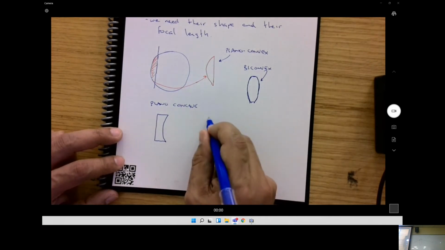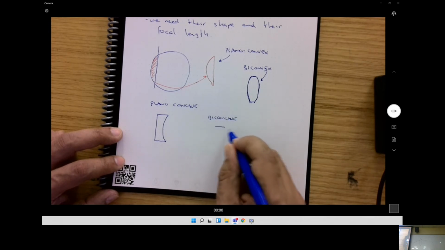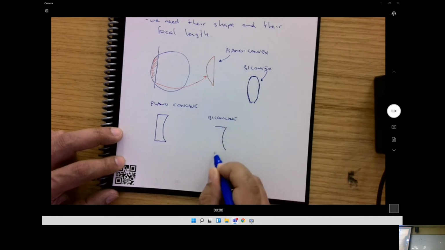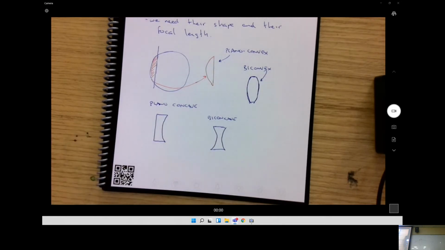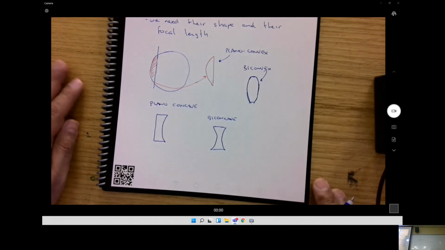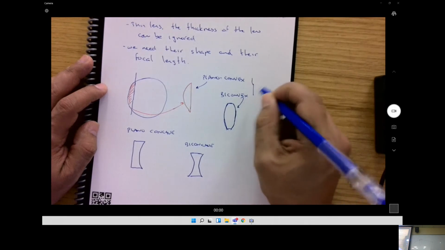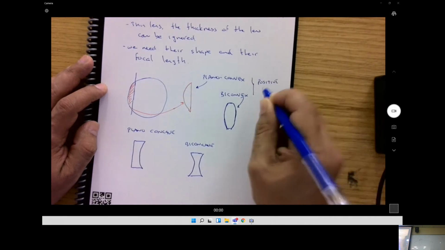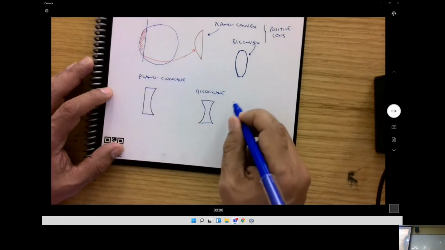And we can have biconcave lenses. Okay, plano convex and biconvex lenses are sometimes referred to as positive lenses, and plano concave and biconcave are sometimes referred to as negative lenses.